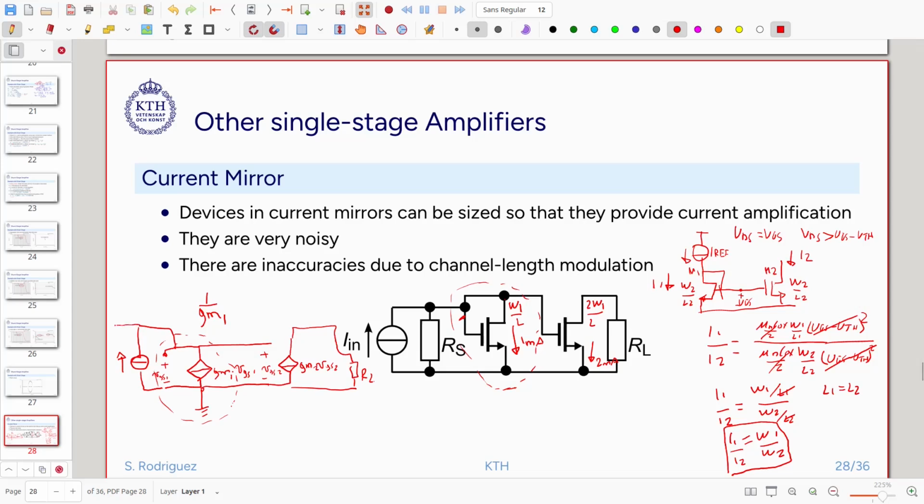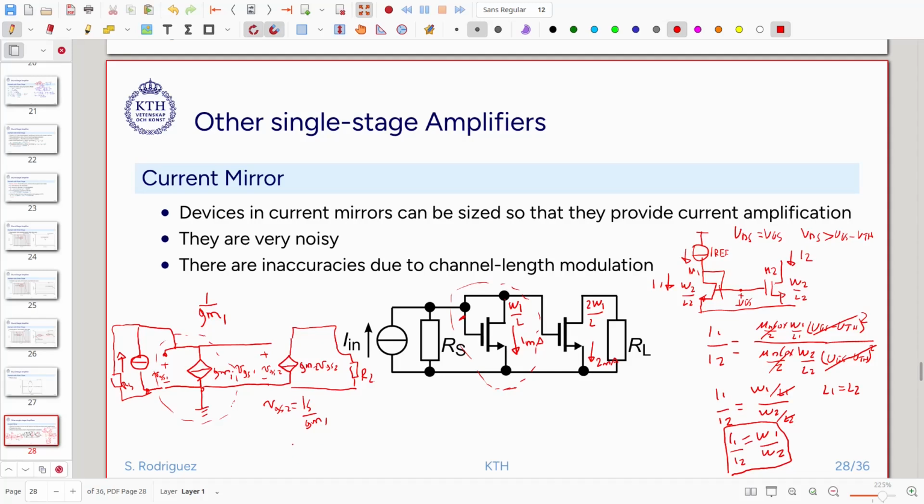Think that we always have a series resistance here. So if we assume that 1 over gm is much smaller than the source resistance, then all the current is going to flow through the diode connected transistor, and it is going to produce a voltage vgs2 equal to is divided by gm1.